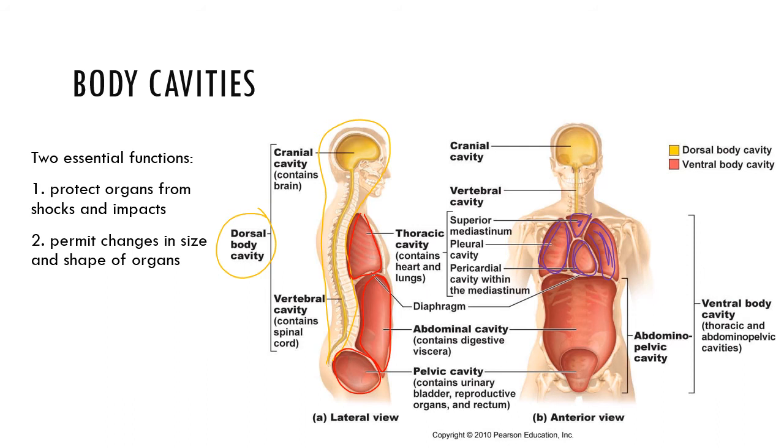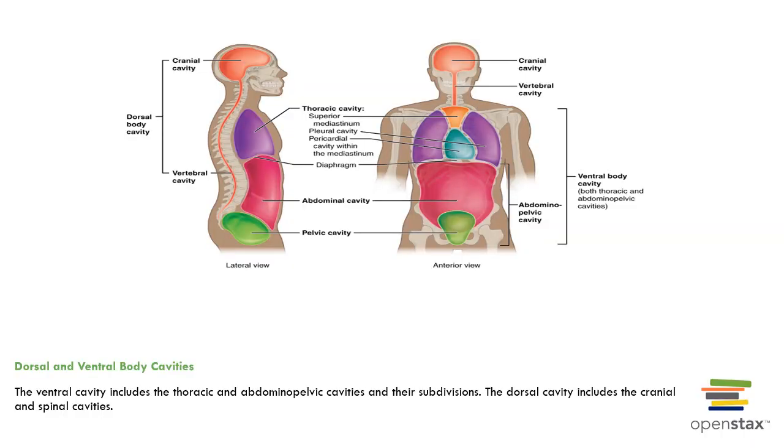So just remember that for our dorsal cavity, there are two. The ventral body cavities, there's three, and the thoracic cavity can be broken up into another three: superior, pleural, and pericardial. This plate right here is just another example of how to divide up the posterior or dorsal body cavities, and anterior, ventral body cavities.